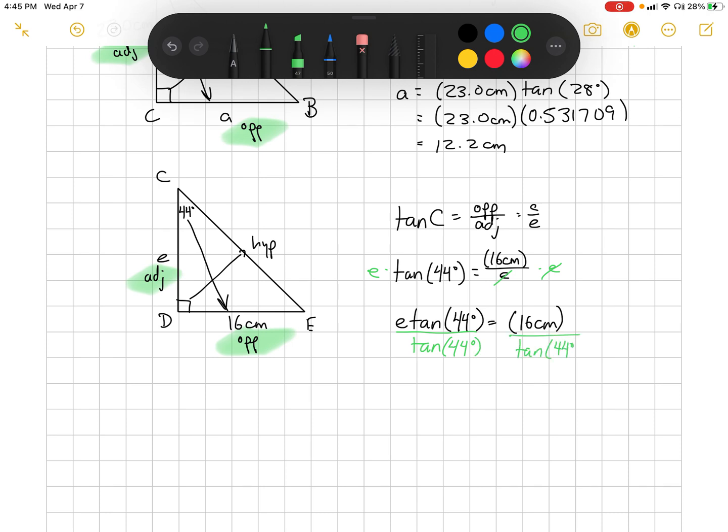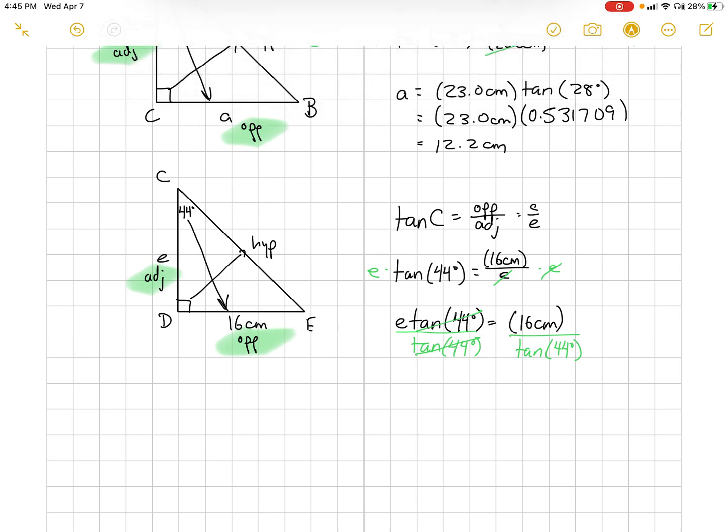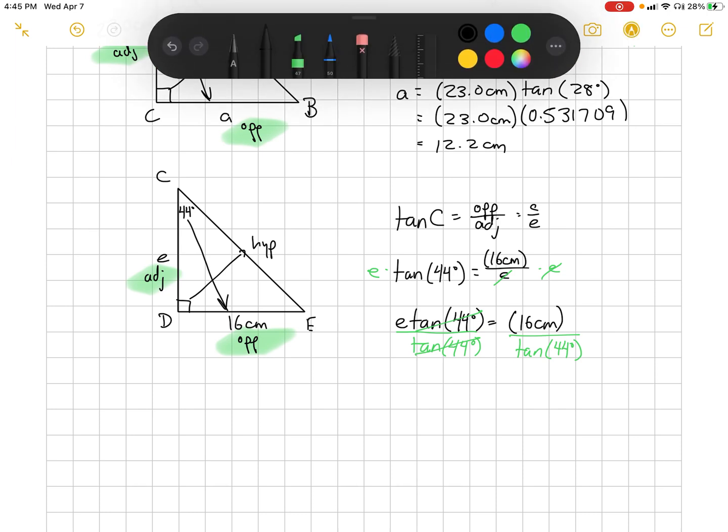Remember, tan is just an operator. It applies to the 44 to give you a different number. So keep it all together. And tan 44 over tan 44 can divide to give you 1. So you'll end up with e equal to 16 centimeters over the tan of 44 degrees, like so. Putting that in your calculator, you should end up with 16.6 centimeters, like so.